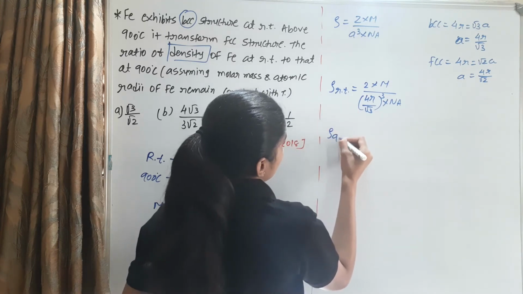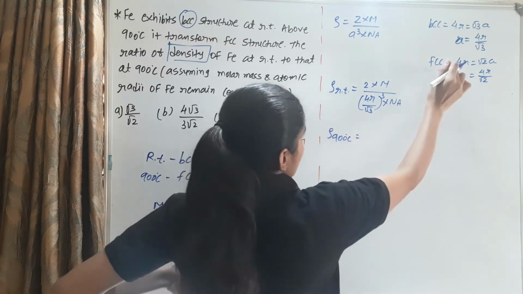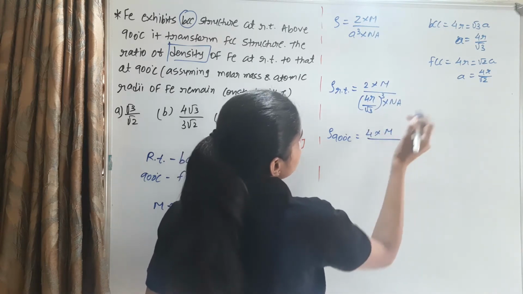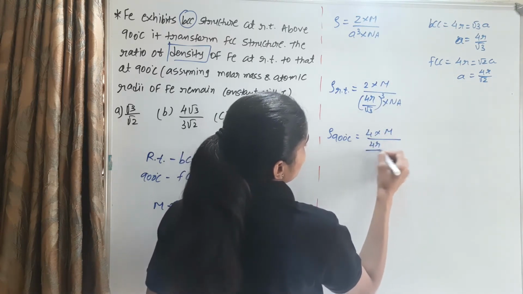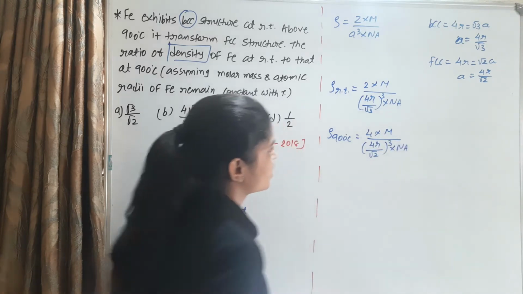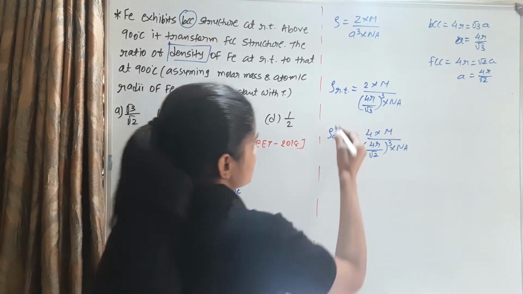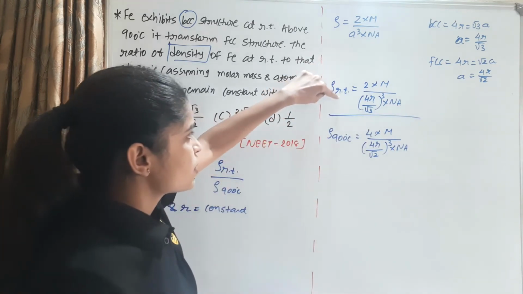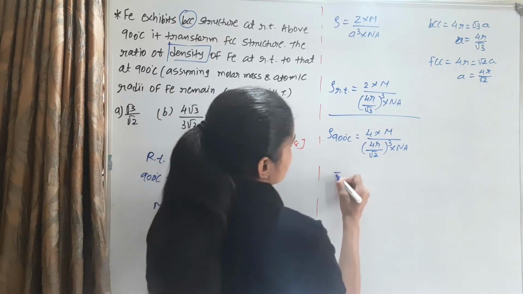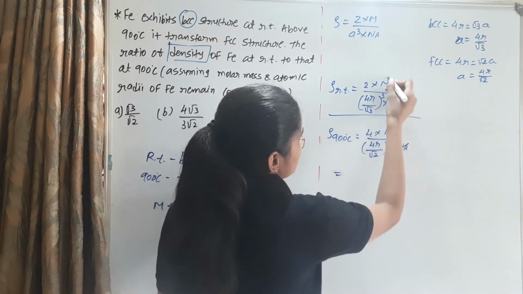Second, rho at 900 degree temperature is the FCC structure. So Z value for FCC is 4, into M constant, divided by 4r upon root 2 whole cube into Na. Then find this ratio, rho at room temperature divided by rho at 900 degree. Na cancels out.